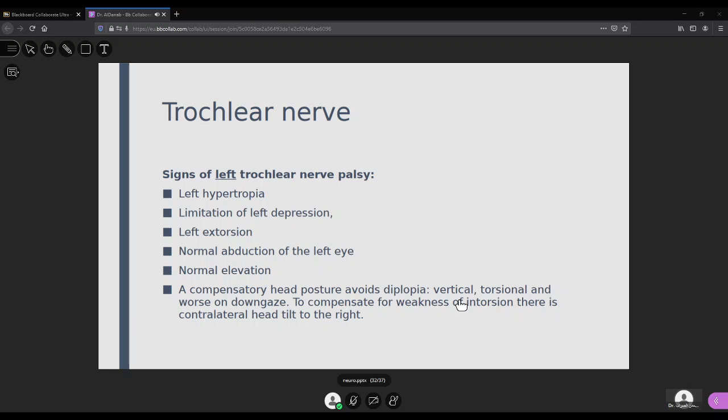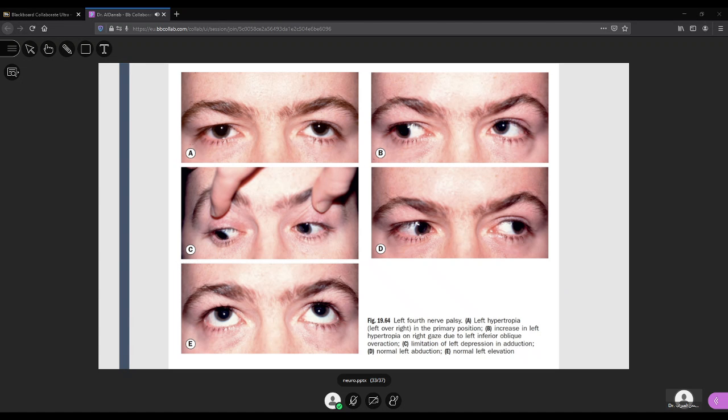To avoid الديبلوبيا. إذا كانت الدمج سيفير بيصير عندي ديبلوبيا، لأن حركة شكل العين بيصير مختلف، أو وزنية العينين بتصير مختلفة، يعني واحدة من العينين بتصير أعلى من الأخرى، فيكون عنده double vision. To avoid this he should do compensatory head posture على الأكشن، كأنه يعوض الأكشن of the lost muscle. الحين بنشوف صورة ونفهم.